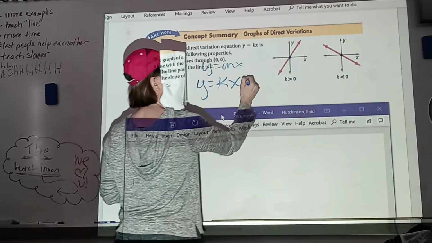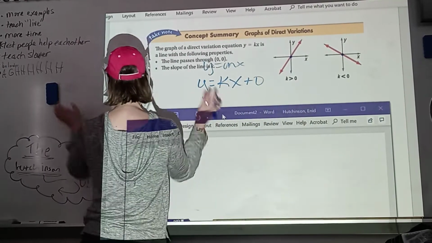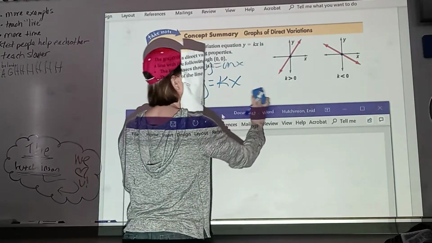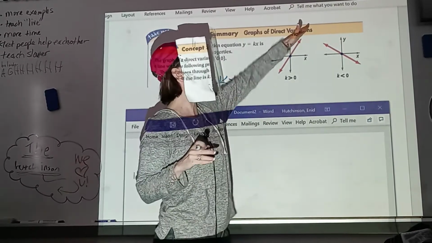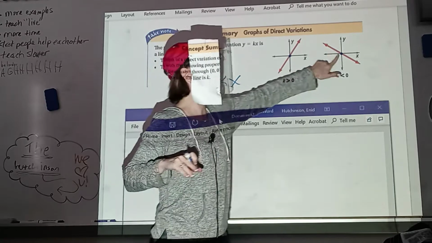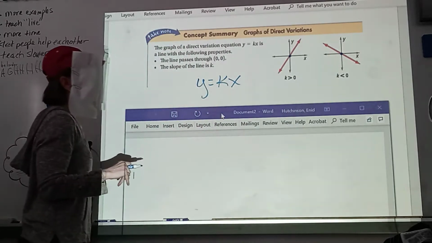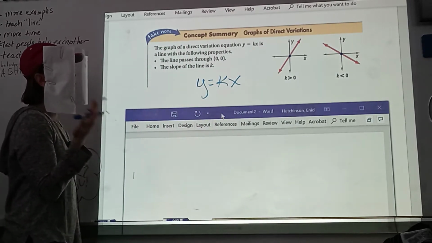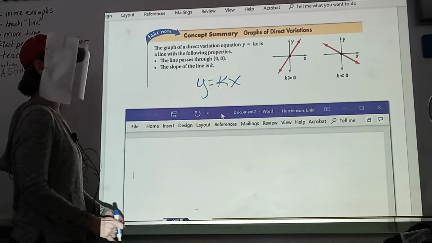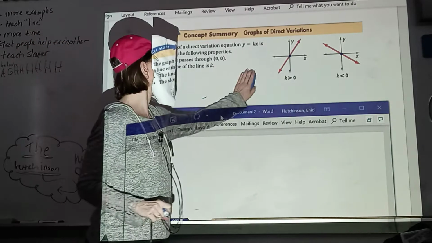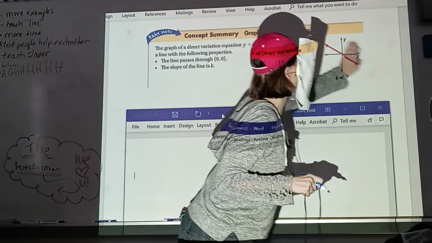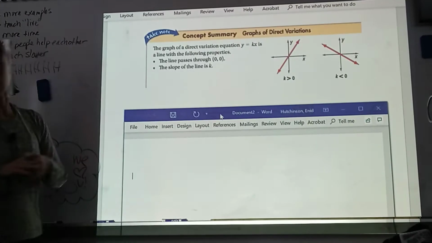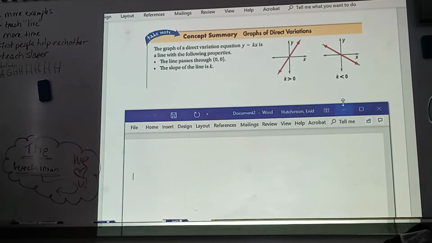If it's like plus 0, that is your hint that the line crosses over the y-axis at 0, 0, okay? So that's what the graph of a direct variation looks like. That's your clue, the way that you can notice it on a graph.